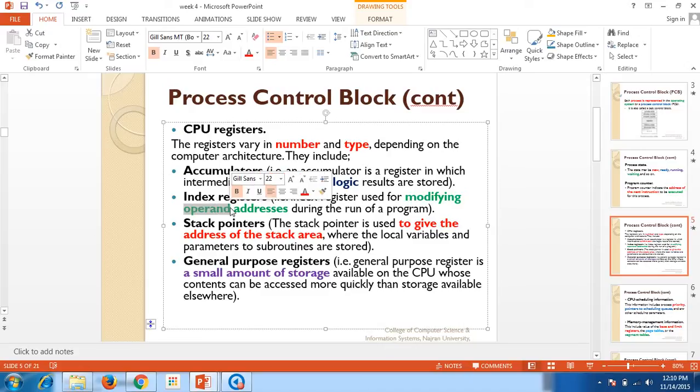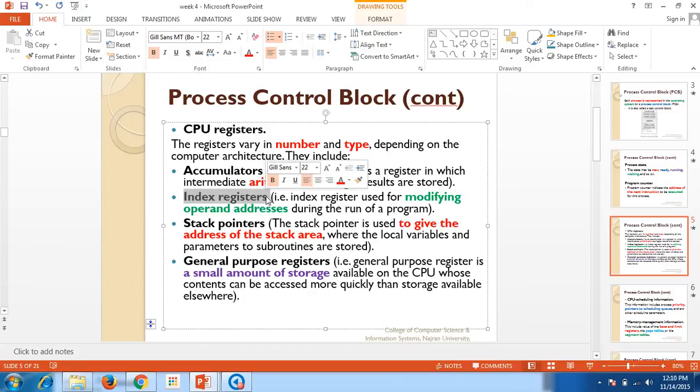If I have declared 2 variables, integer A and integer B, these 2 variables will get some space in memory, and there will be some address of these variables in memory. Now during runtime, which register will be responsible for modifying the operand address? This will be the index register. So this is the responsibility of the index register.